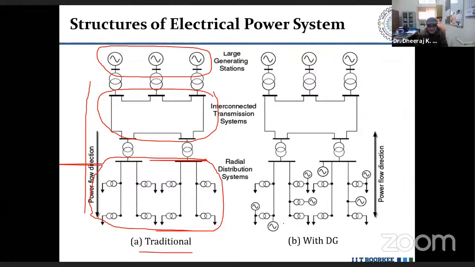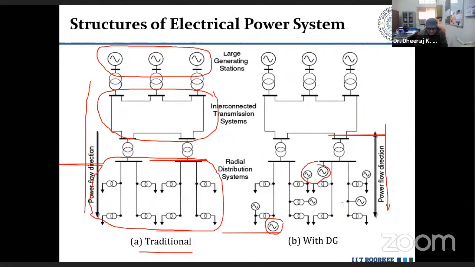But when we are connecting DGs, like here DGs are connected at the distribution network, what is happening now? The power flow is no more unidirectional. It is bidirectional. Sometimes the distribution network can take power from the transmission system.